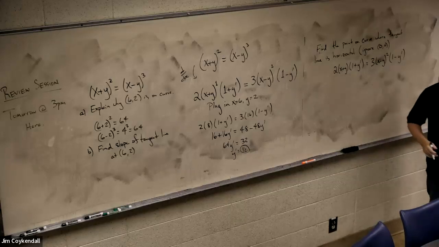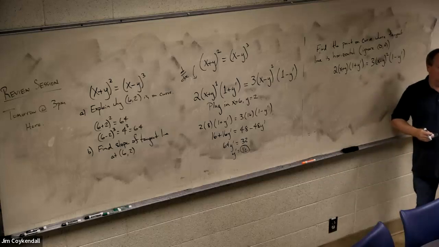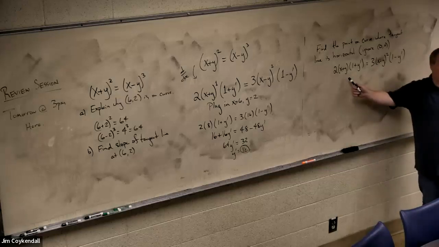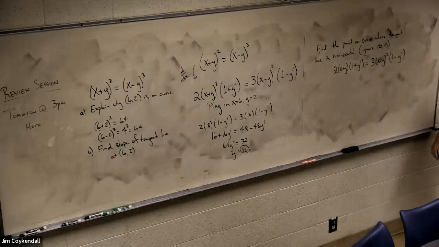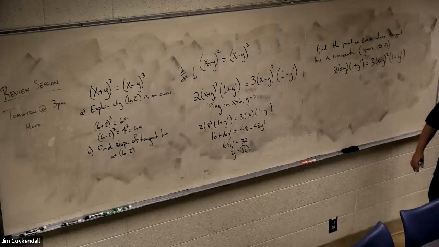But now, what happens to this equation if I plug in (0, 0) for x and y? What happens? I get 0 on both sides, right? The y primes disappear. 0 equals 0 is certainly a correct mathematical equation, but it tells me nothing, right?